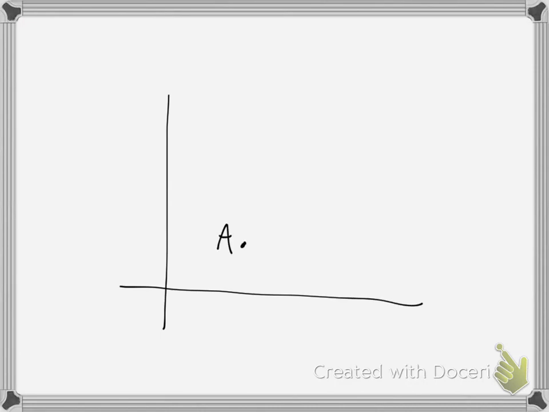So this is my A, where I started at. Then A prime would be over 8, 10. I'd have to go further to the right, further up, and let's say it's about right here. So that's where I started from, and that's where I ended, up there in the top right. If we took a lot of points, we'd be able to see kind of what this looks like as a trend.